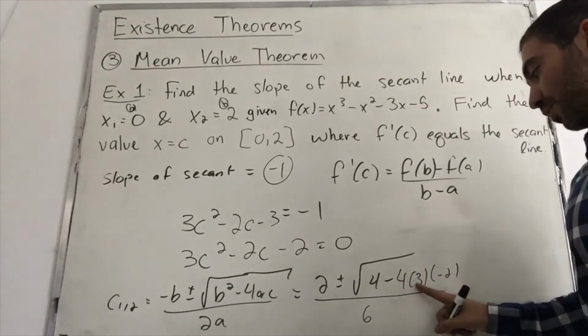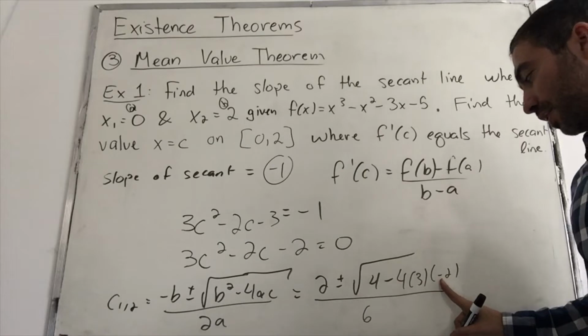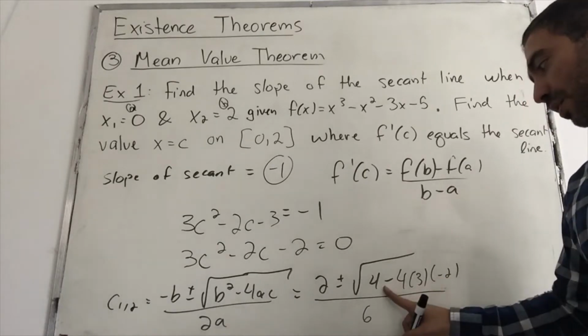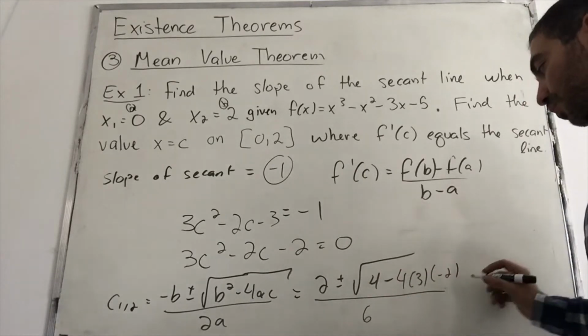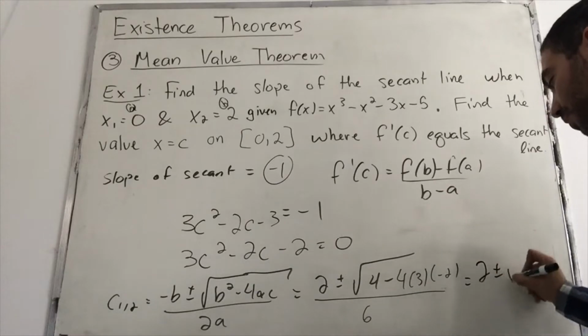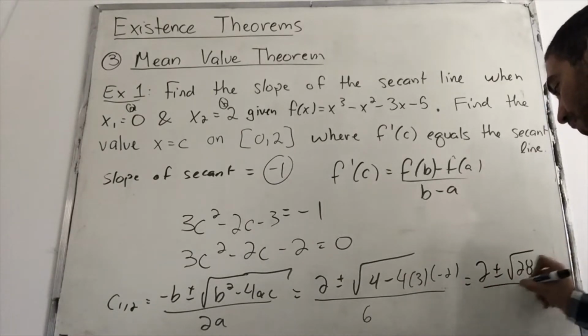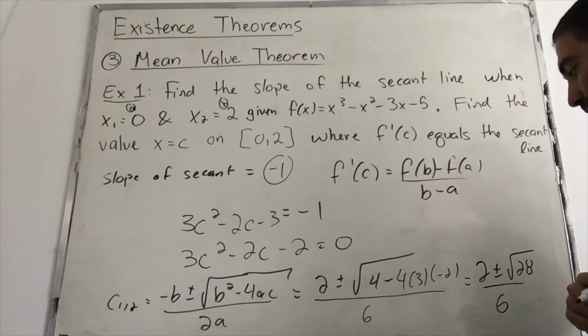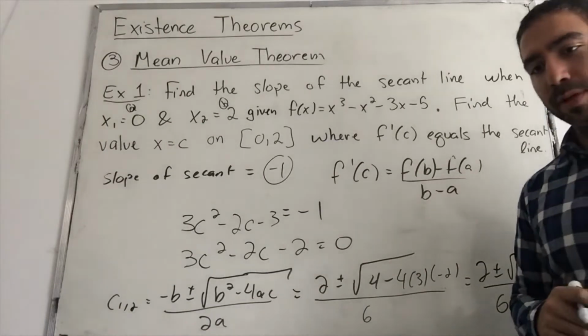This gives us 4 minus negative 24, positive 24 plus 4 is 28. So 2 plus or minus the square root of 28 over 6. Okay, let me plug this into a calculator.